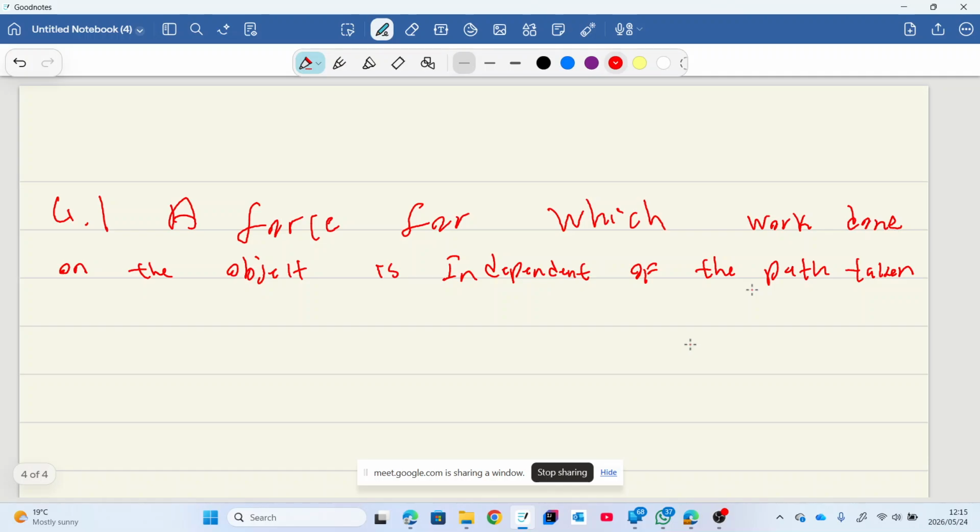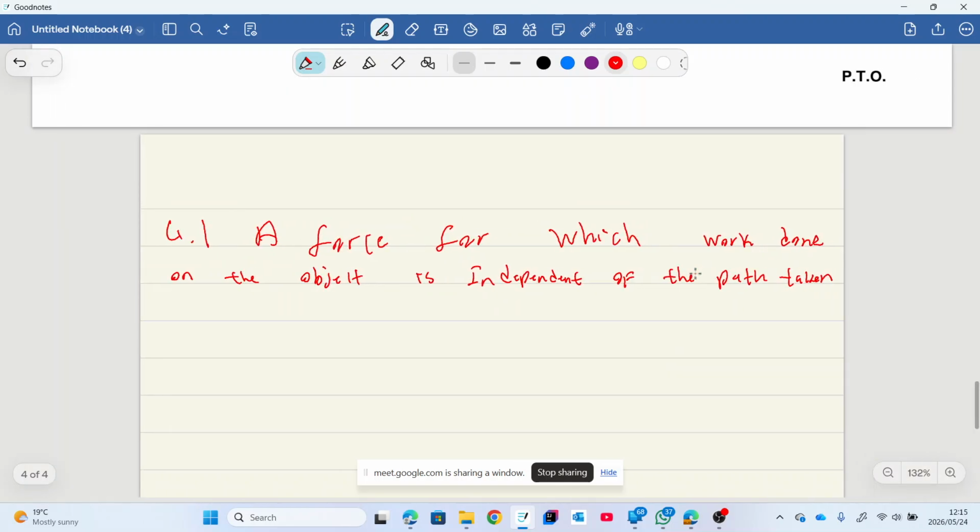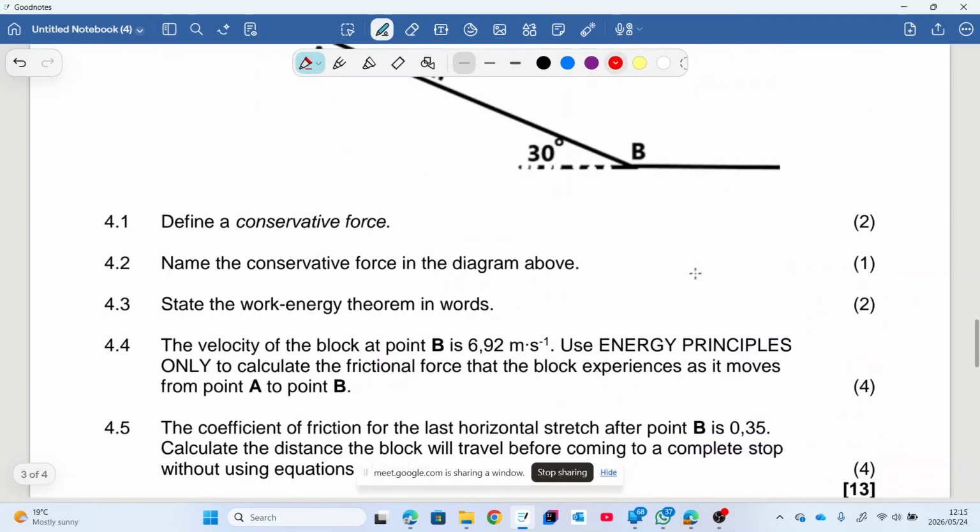For example, we are talking about work done by the force of gravity. The force of gravity doesn't matter where you are; it will always remain the same.